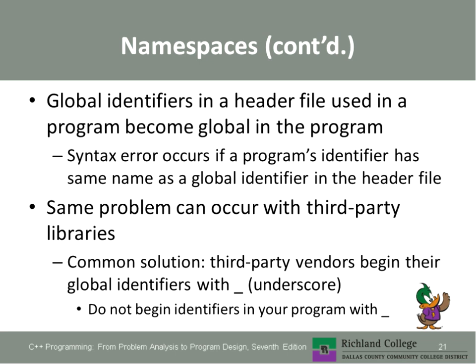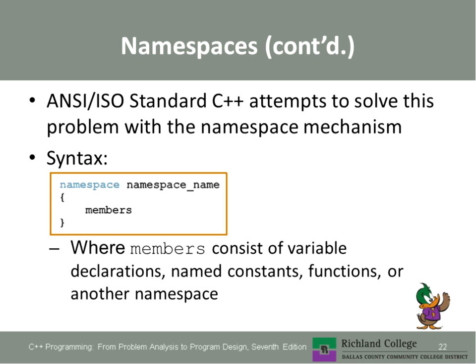It cannot really be enforced, but by convention we never start our identifiers with an underscore. This way, third-party vendors, or those who maintain the actual programming language, can start their identifiers with an underscore. That way we never conflict with each other. But it is just really a convention.